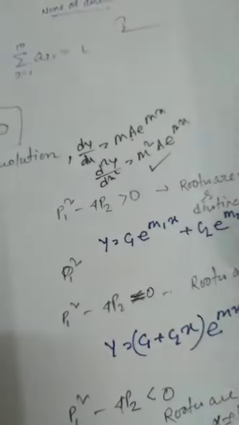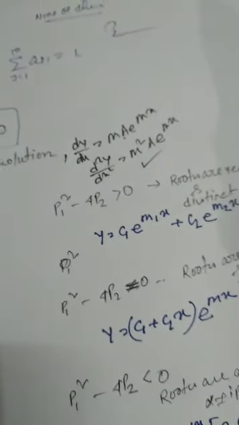Here I consider one equation, d2y/dx2 minus 3 dy/dx plus 2y is equal to 0. So we take y = a e^(mx) as a trial solution, and as we got before, dy/dx is equal to m a e^(mx) and d2y/dx2 is equal to m square a e^(mx).